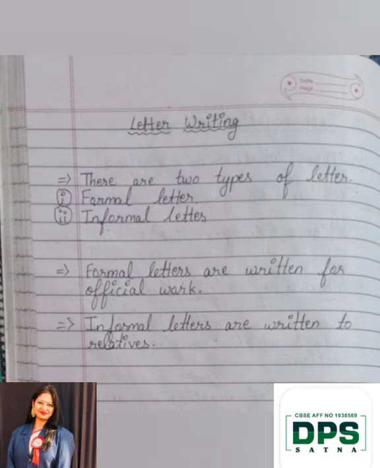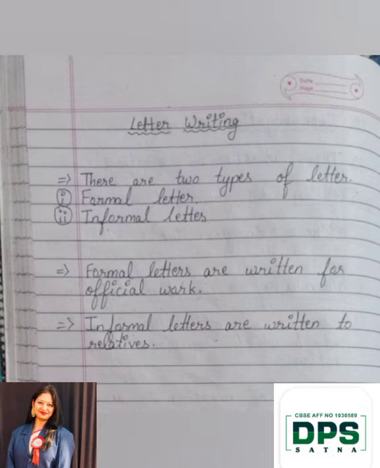In a formal letter you have to write to the matter. You can't make it lengthy. Your letter should be precise, that means it should be to the point, short and clear about what you are writing and for what you are writing the letter. But here in an informal letter you can write as you wish.